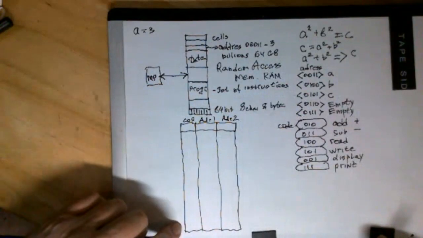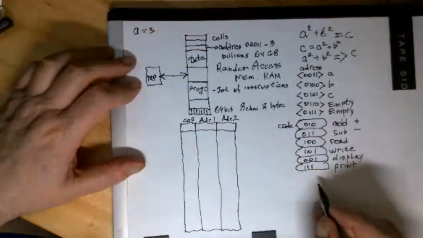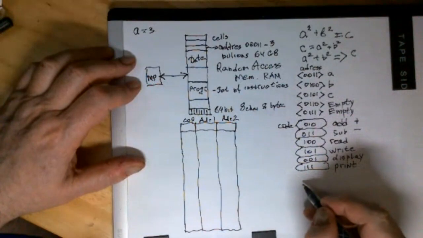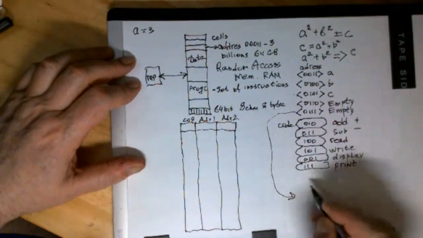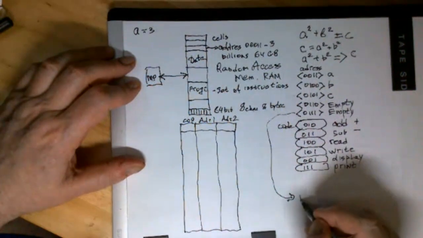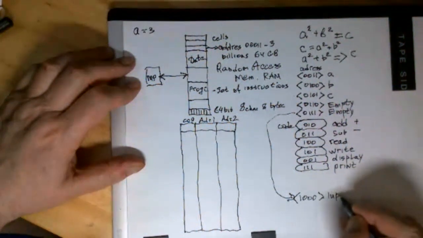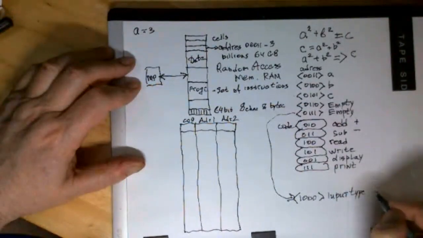So what I'm going to do, folks, I'm going to write the program that will calculate this. Very first thing, I forgot a couple of pieces of information that I need. Let me use here, that will be a continuation, cell 1000. I will put information in textual form. Input, type A.